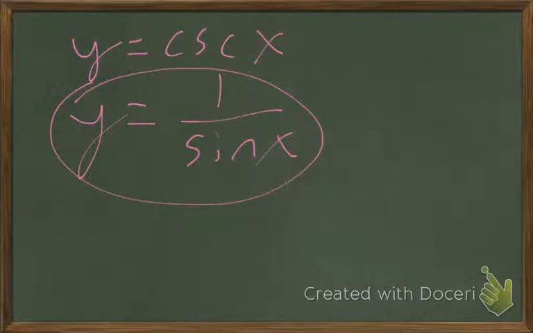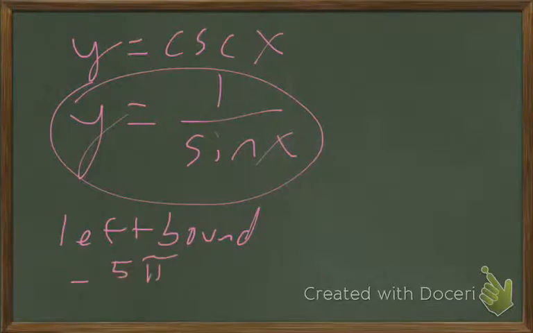If you look at the graph underneath, you would set your left bound, so x min, as negative 5 pi over 2. Right bound, your x max, is 5 pi over 2.